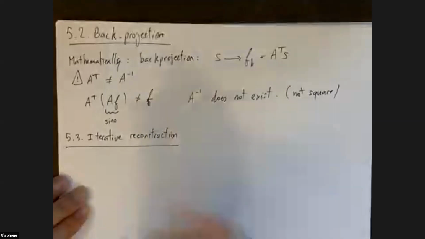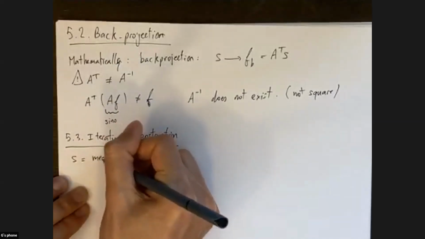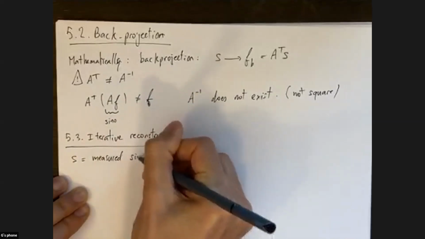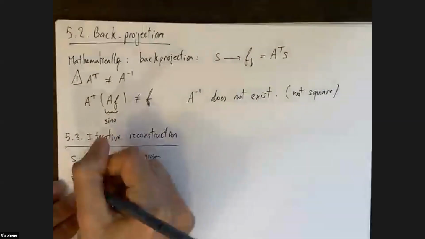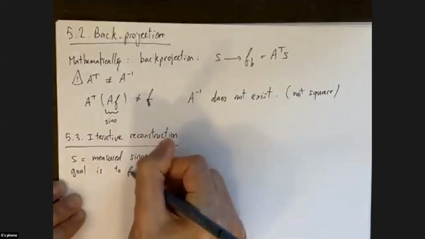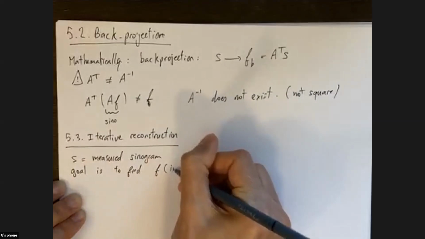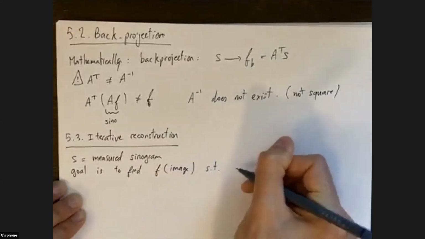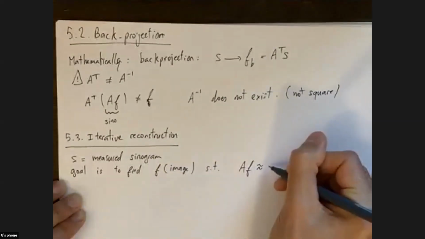Okay, so for iterative reconstruction, we have S, which is our measured sonogram. And the goal is to find F, which is an image, such that A of F is more or less equal to S, right?